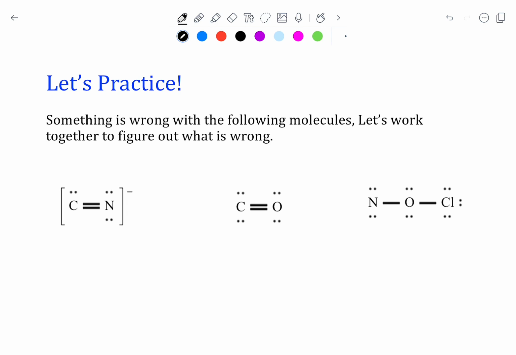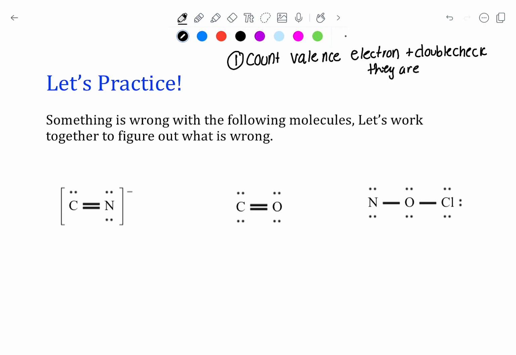So the first thing that we're going to want to do is count our valence electrons and double check they are all there. And then our second thing is going to be to check our octets.